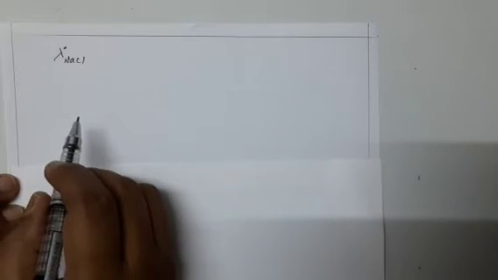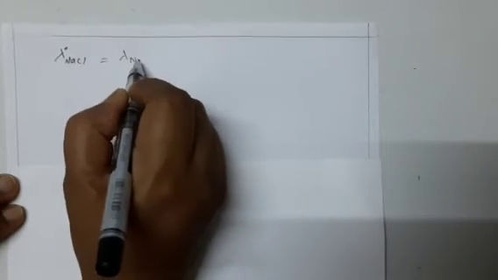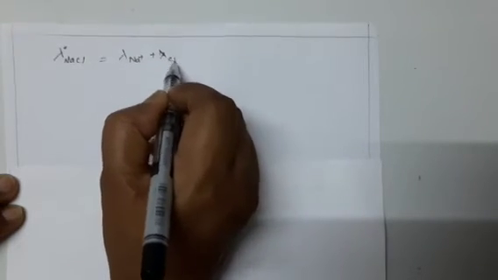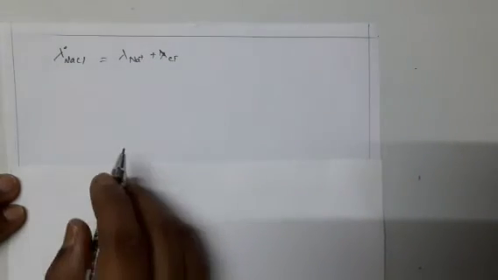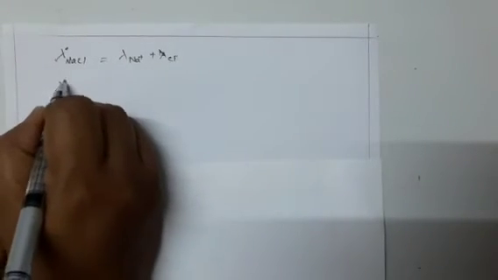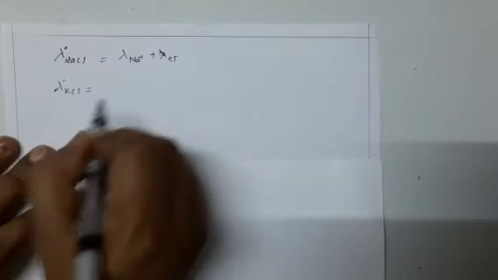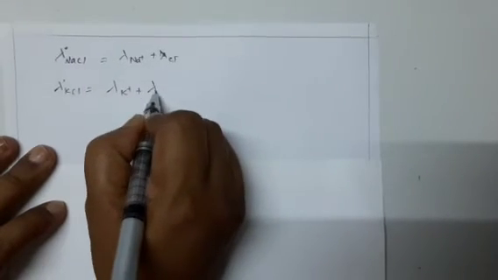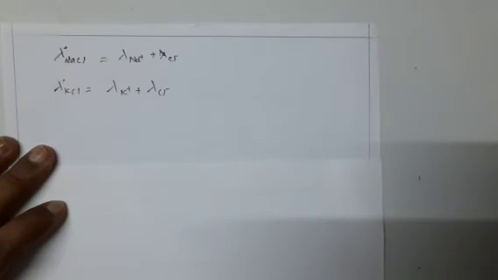For NaCl, both Na and Cl contribute to the total molar conductivity. This is going to be equal to lambda Na plus, the molar conductivity of Na plus, plus lambda Cl minus. In a similar manner, if you take KCl, that is lambda K plus plus lambda Cl minus.